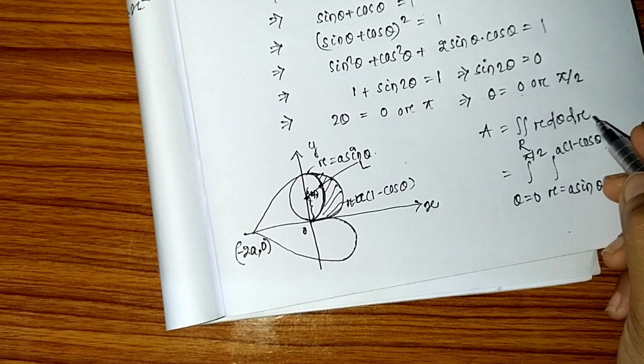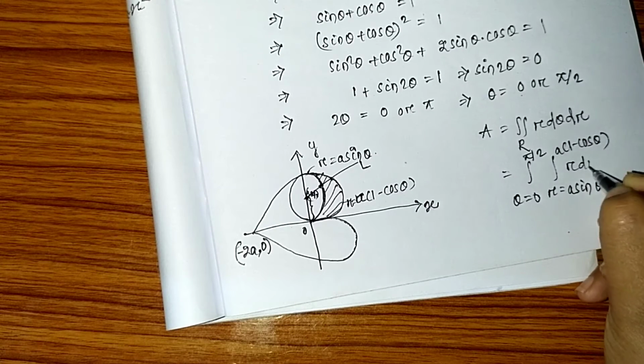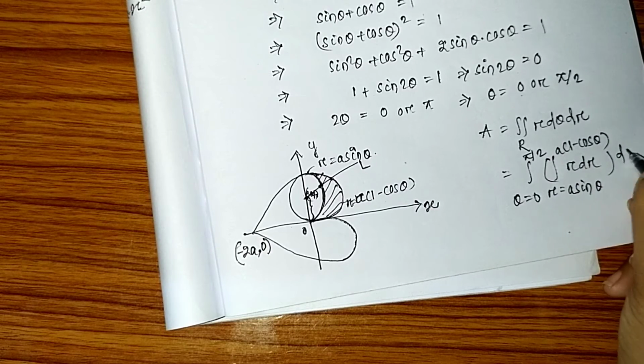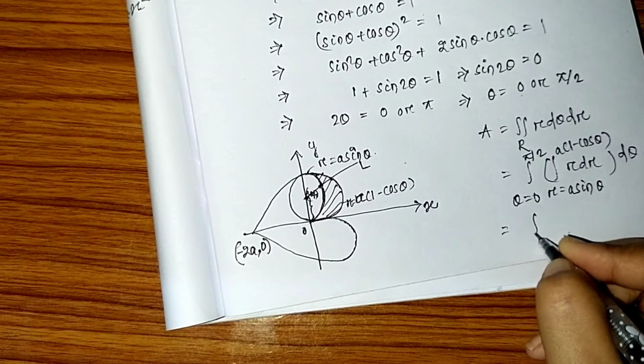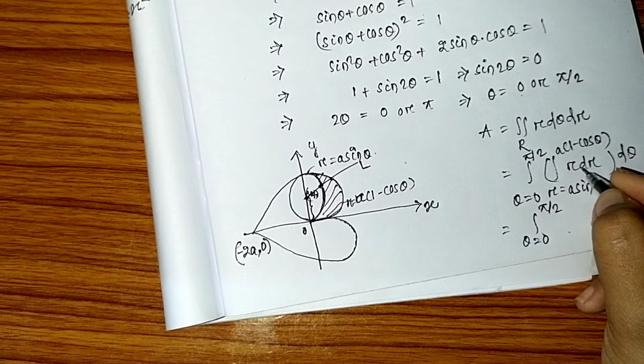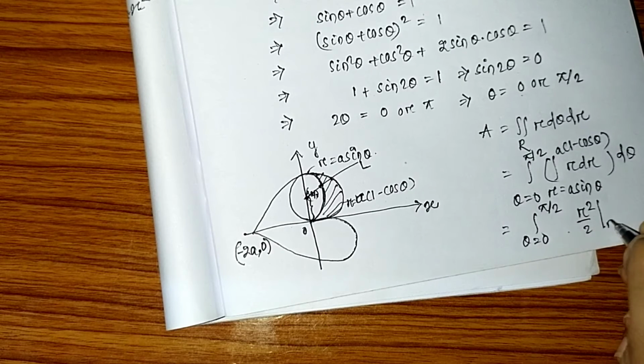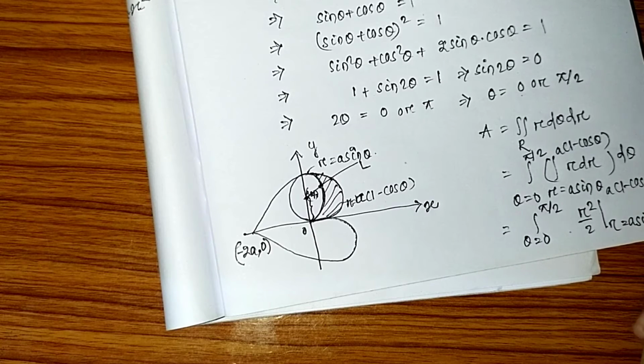First we integrate with respect to r, then we integrate with respect to theta. So this is r dr d theta. That equals the integral of theta from 0 to pi by 2 of r square by 2, with r from a sin theta to a into 1 minus cos theta, d theta.